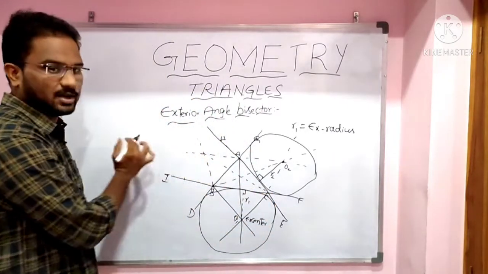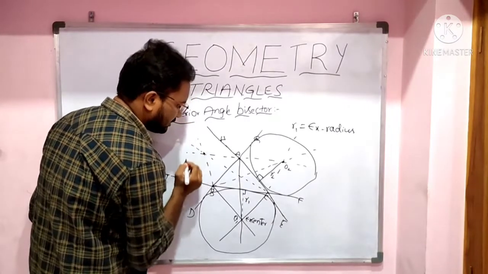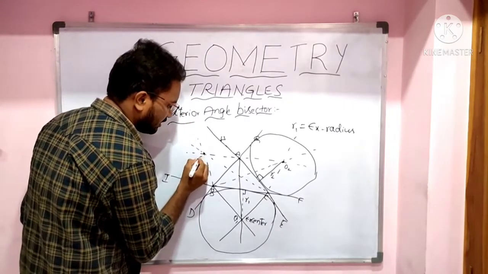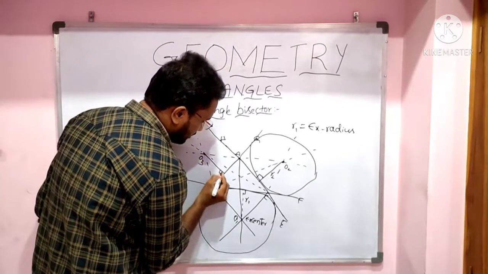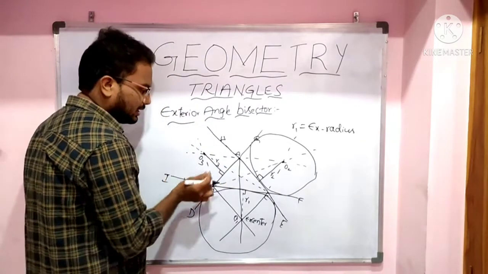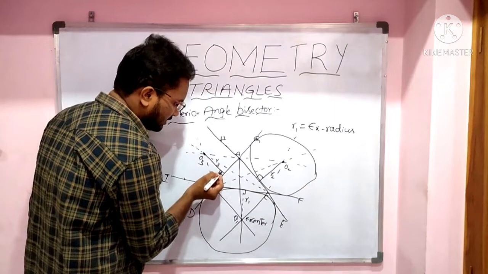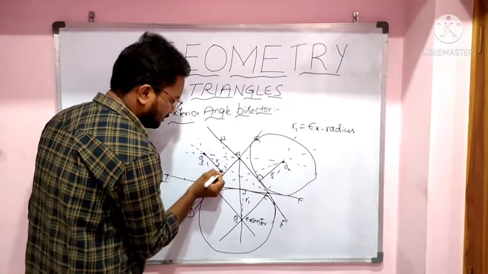These three will meet at a point. So this point is called excenter 3. Let us say this is O3, and this is the exradius R3. If you take O3 as the center and R3 as the radius and draw a circle, then the circle is like this.